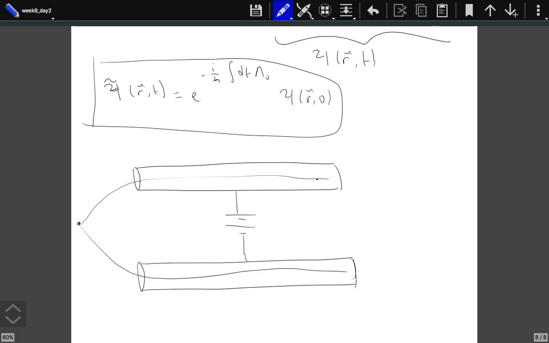If you somehow make these packets interfere at the other end, where you have a screen, you have an interference pattern. This interference pattern on the other side will shift depending on whether you have created a potential difference or not. There will be a shift in the interference pattern, mainly because the packets that went through those two cylinders acquired a different phase.